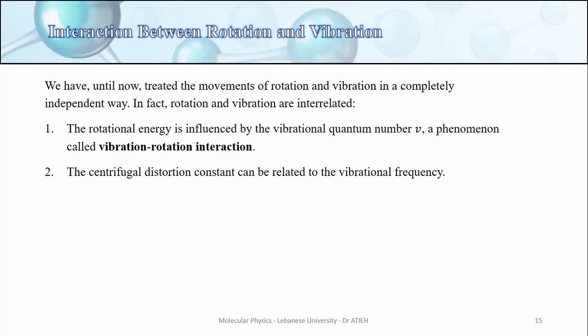They depend on the vibrational level. For each vibrational level, we have different rotational constants. Second, the centrifugal distortion constant, D, can be related to the vibrational frequency, which is nu or nu bar. Okay, so I will explain each one of them in a separate slide.